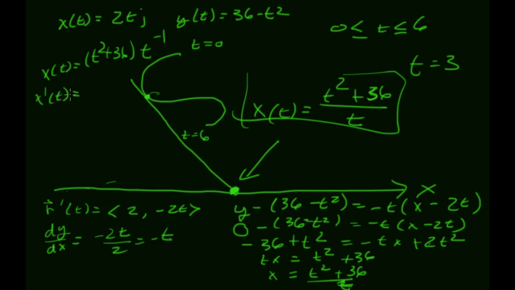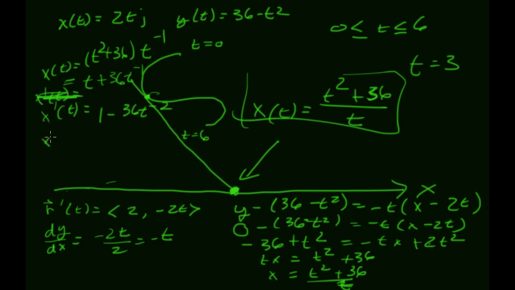Wait, I can do a little bit of thinking here. Before I do that, let's make this simpler. Let's distribute that t to the negative 1. That's just going to make that t plus 36t to the negative 1. Aha. So x prime of t then is just 1 minus 36t to the negative 2. Right? So that's there.